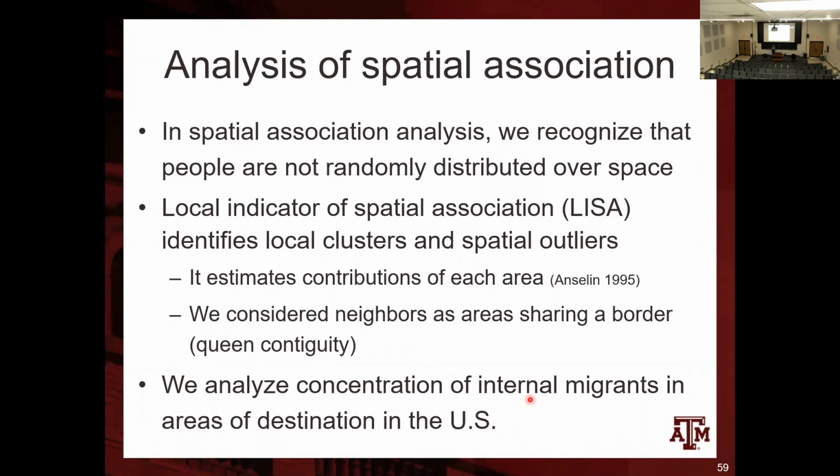Mortality, I can also estimate life expectancy at birth for small areas and see areas that have a high life expectancy at birth surrounded by high, and low surrounded by low. In this case, I do this exercise for internal migration. I compare the level of internal migration that some areas are receiving and compare to the surrounding, right?